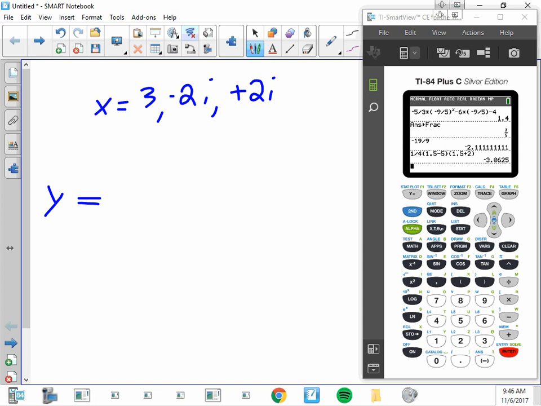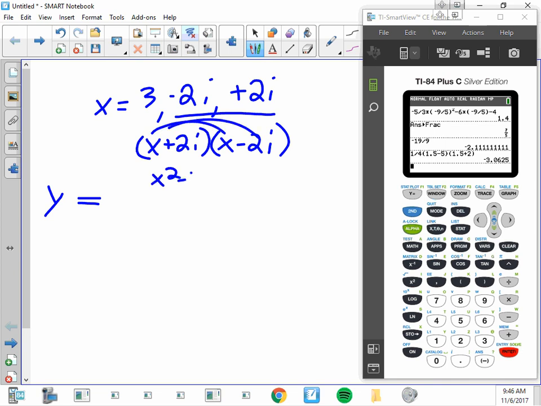And what are the factors there? x plus 2i times x minus 2i. And I'm going to multiply those out one time, just so you can see what happens. x squared minus 2xi plus 2xi minus 4i squared. But the xi's are opposites, and they cancel. i squared is negative 1, right?